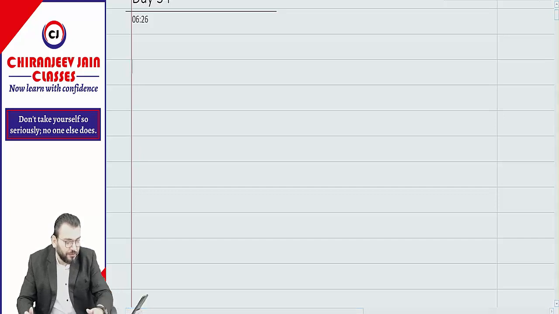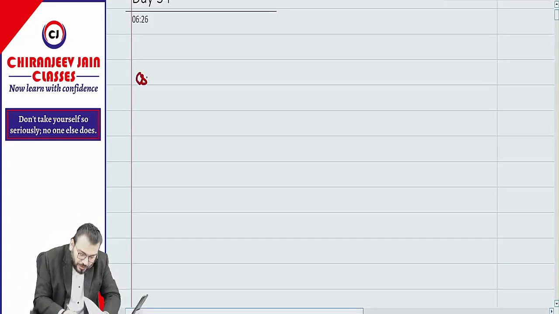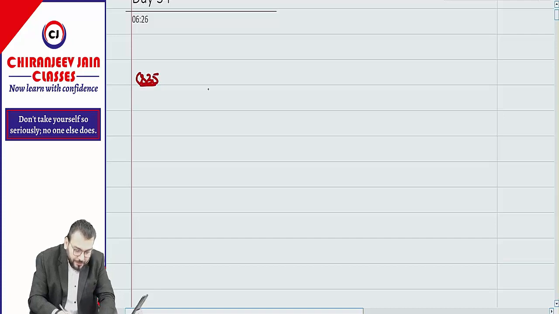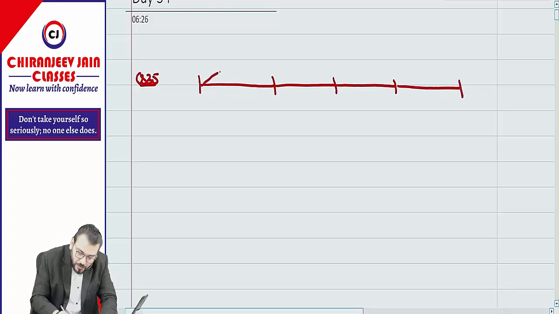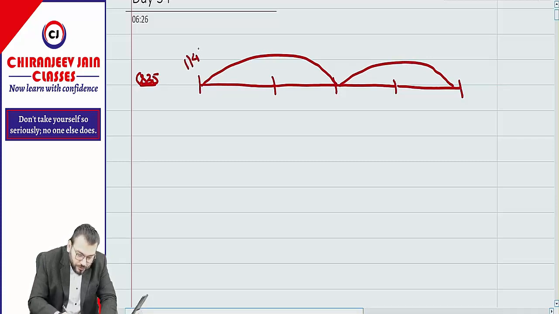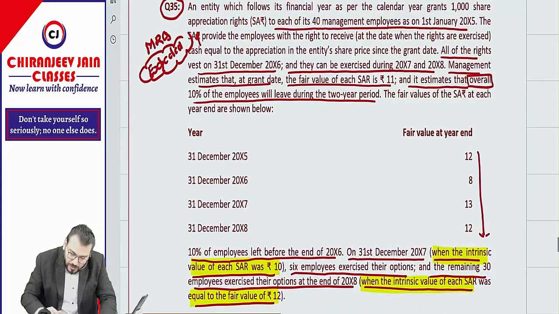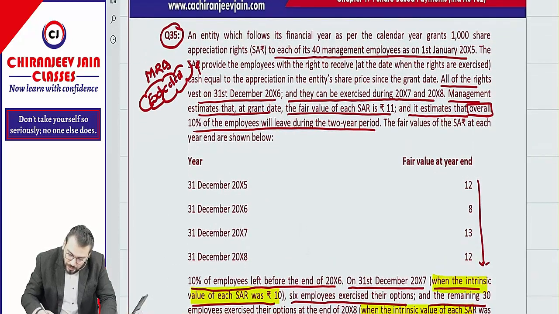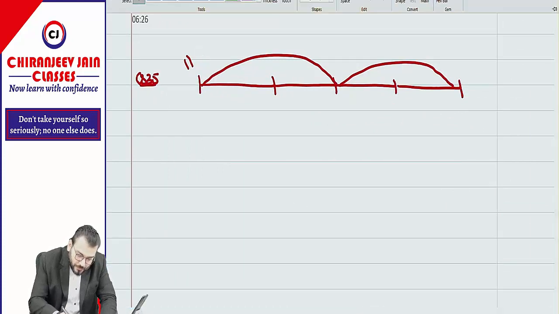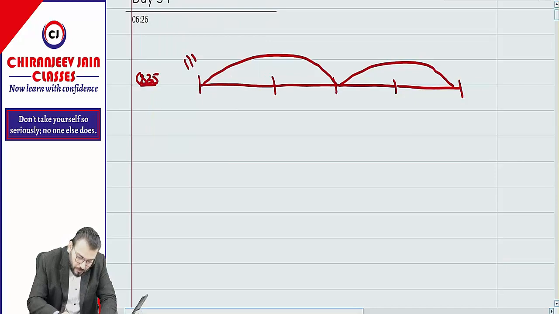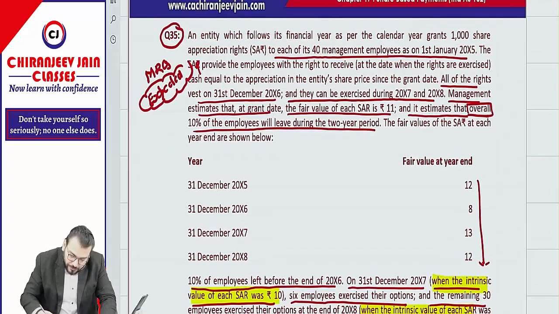Question number 35. Let me write down all the information. It is 1 year, 2 year, 3 year, and 4 year. The vesting period, then the exercise period. Now it was granted on 1/1/2005.